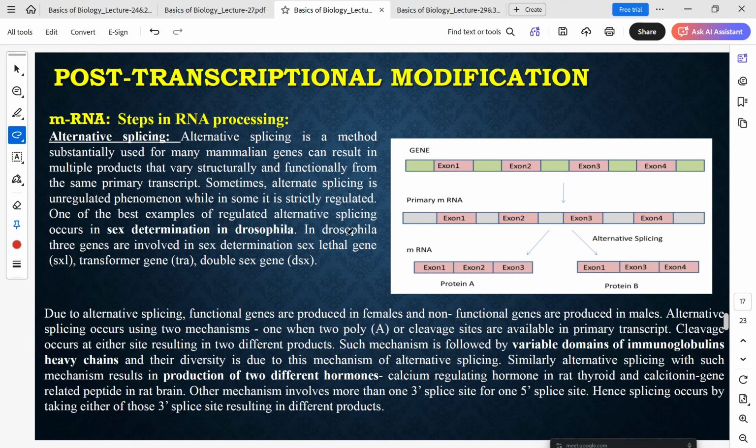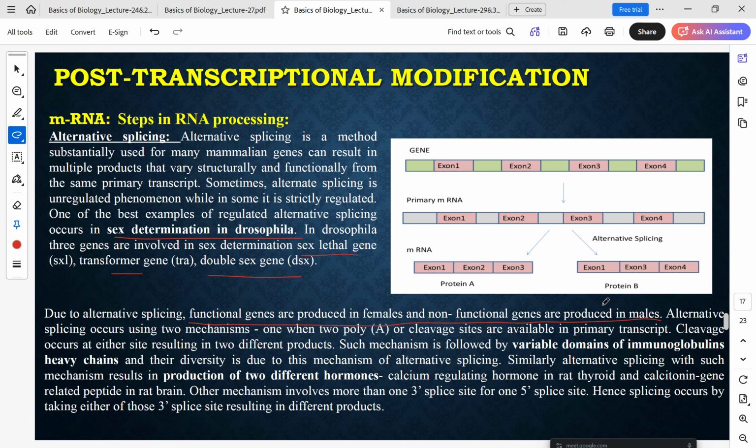One of the examples occurs in case of sex determination in Drosophila, in which the sex lethal, transformer gene and double sex gene, all of these can create different splice variants. Due to alternative splicing, functional genes are produced in females and non-functional genes are produced in males, and because of this, there is gender assigning in case of Drosophila.